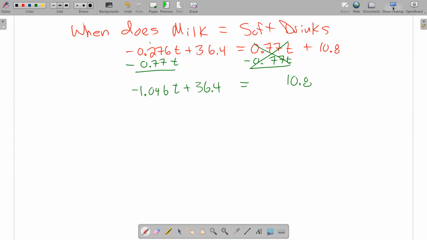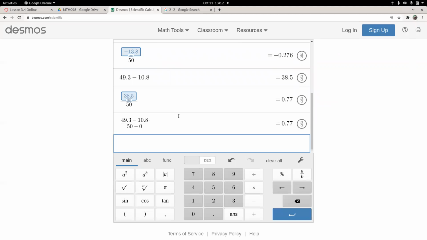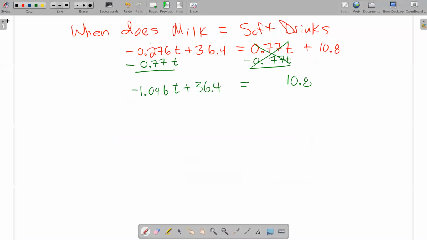And again, this matters. I want to double check that I got that right. Negative 0.276 minus 0.77 is negative 1.046. I got it right. All right, so I've cleaned it up a little bit. Since I took the T from right to left, I'm going to take the 36.4 from left to right.